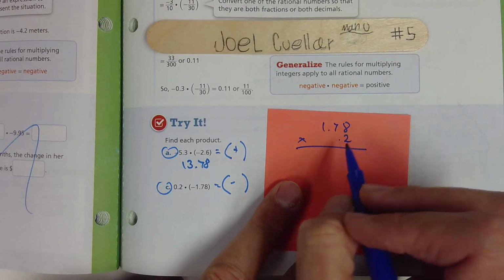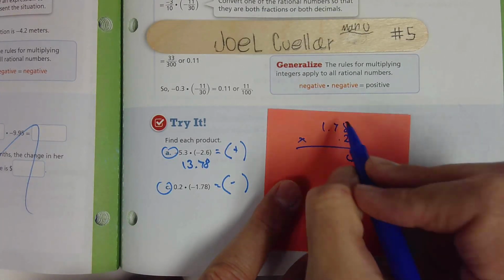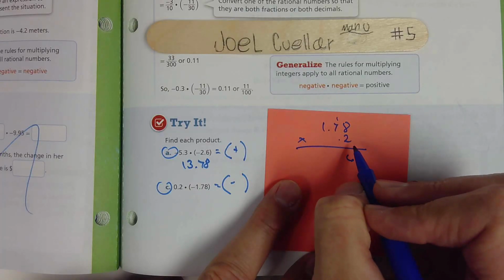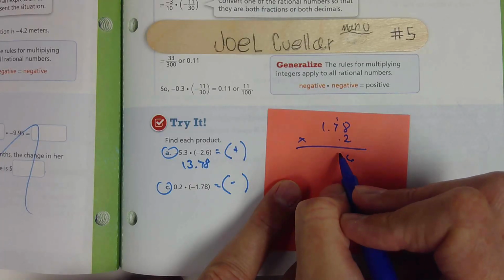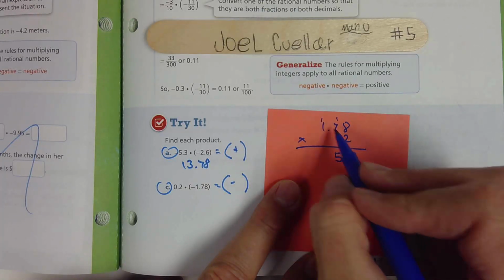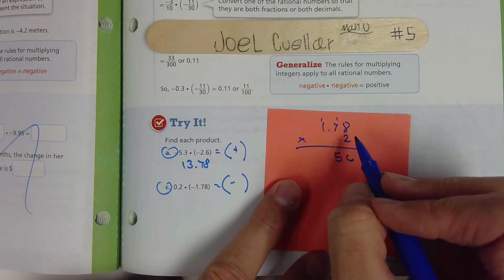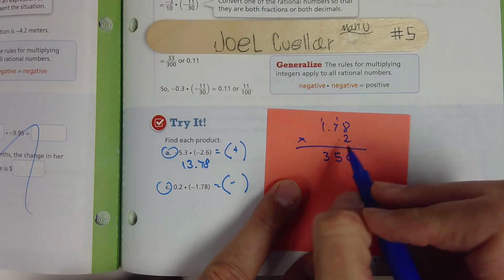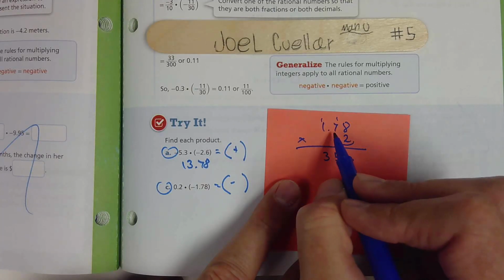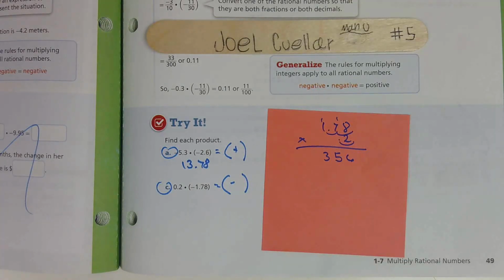So Mr. Quaylar, 2 times 8 is? 16. Put down the 6, carry the 1. 2 times 7 is? 14. Plus 1 is? 15. Put down the 5, carry the 1. 2 times 1 is? 2. Plus 1 more is? 3. Okay. How many decimal places do we concern ourselves with? 3.